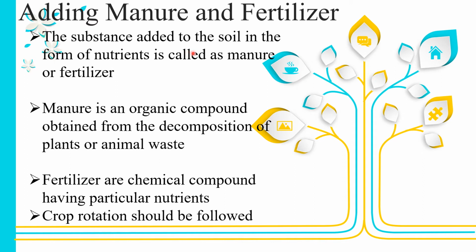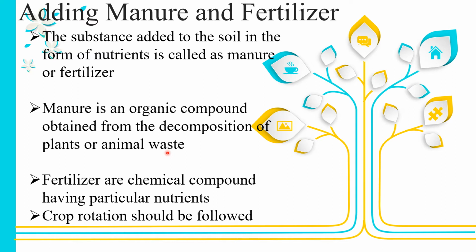The substances that are added to soil in the form of nutrients are called manure or fertilizer. Whereas manure and fertilizer are completely different, because manure is an organic compound obtained from the decomposition of plant or animal waste. So we can also say that manure is environmentally friendly.